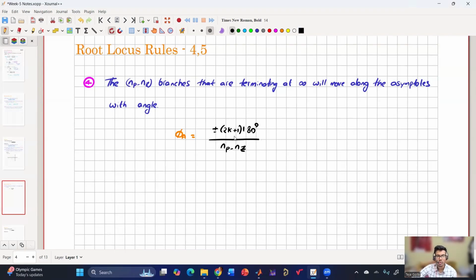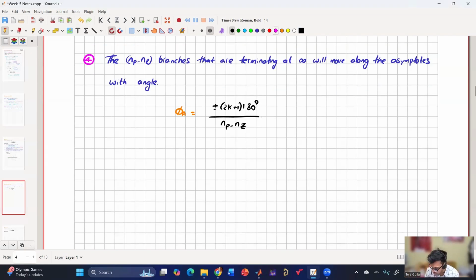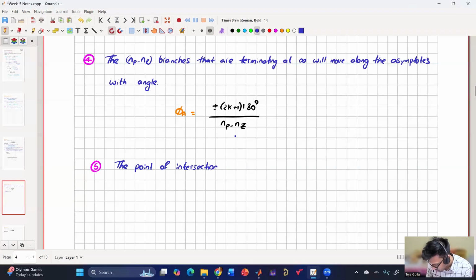Now we also have to ask at what point these asymptotes start. That is called the centroid point. That is our point 5. The point of intersection of these asymptotes is called the centroid.